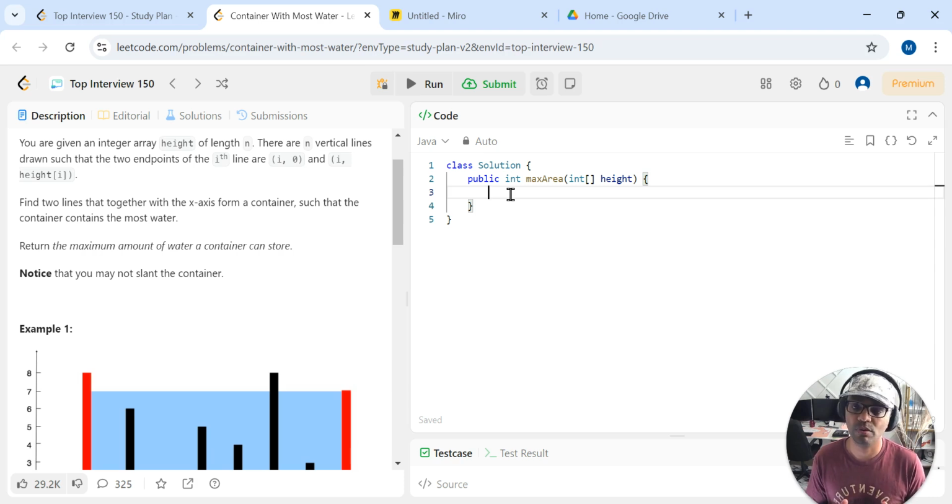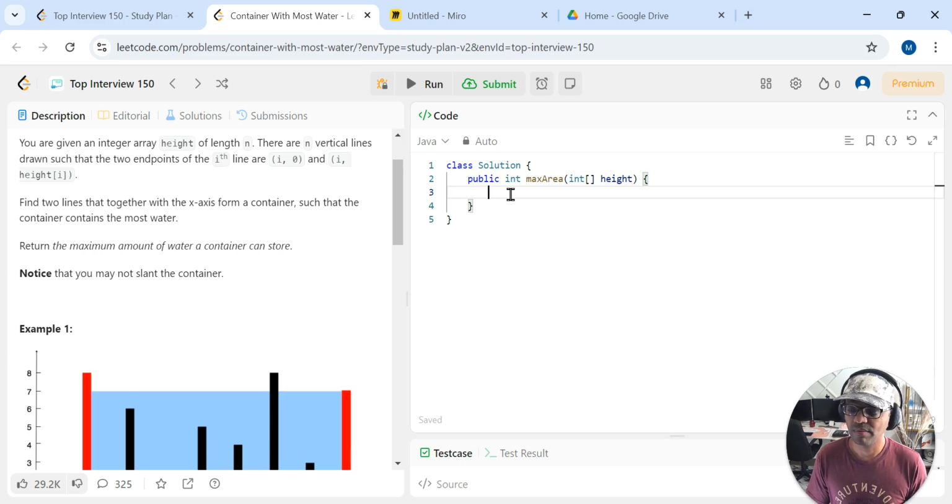While here we just have to find one container, there we have to find the amount of water trapped given a bunch of bars. I'm not going to go over that problem again. Please go to the channel and look for the Trapping Rain Water problem and look at the approaches we took there. But that was the first thing that rang a bell.